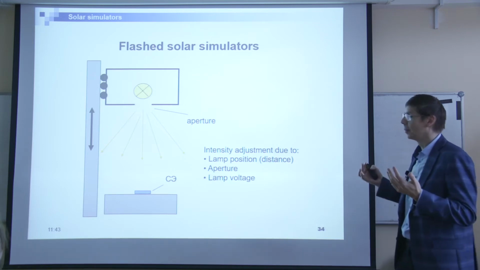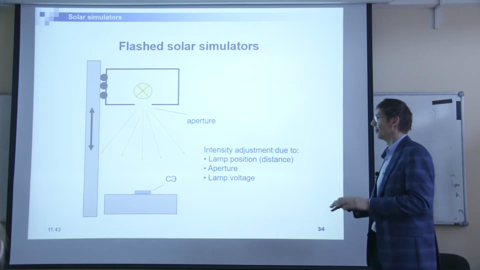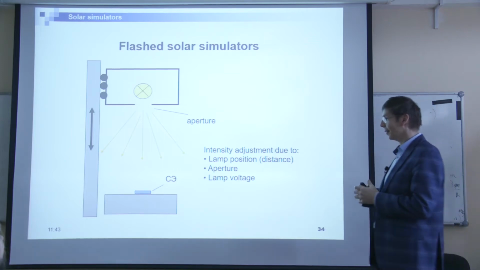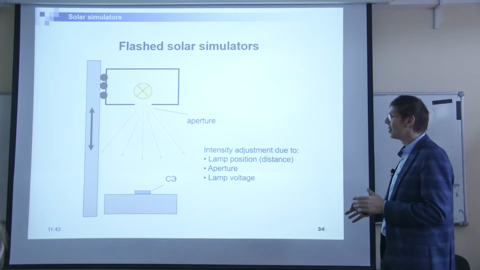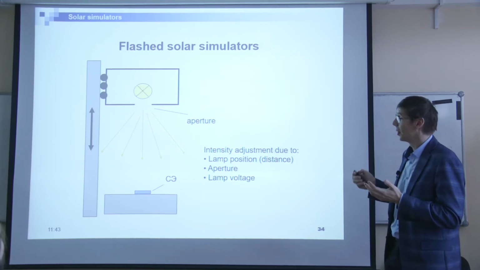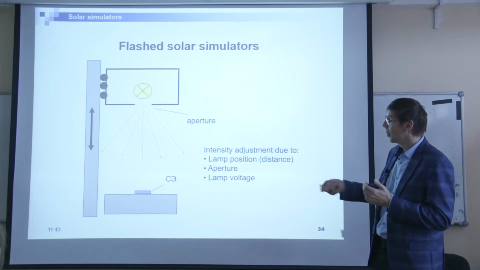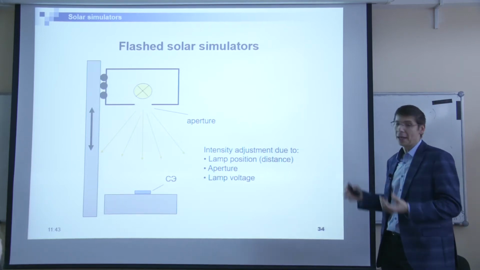So you can ask, what about homogeneity? The answer is that it's really bad homogeneity of the light, but as I told you, the reason is to measure concentrator solar cells where the area of solar cells is quite small. It's a few millimeters, and actually in this case it doesn't matter.